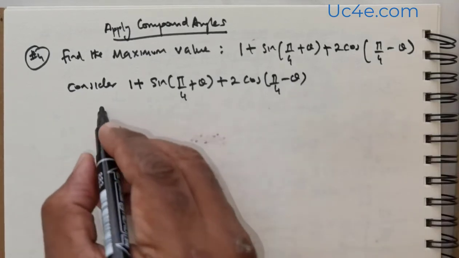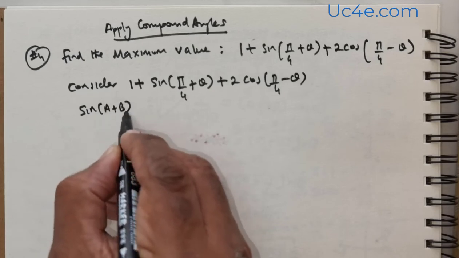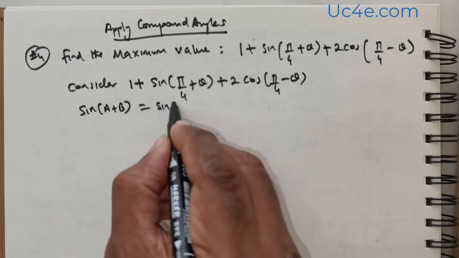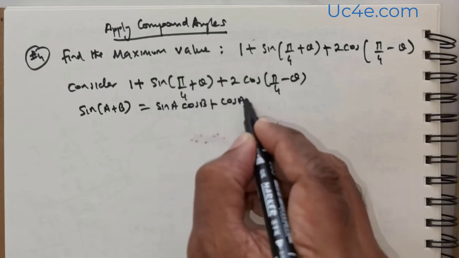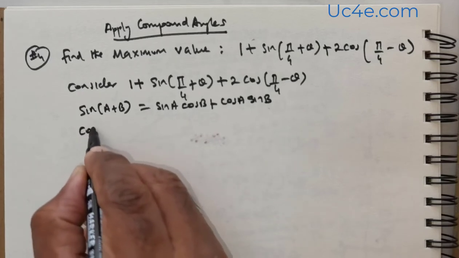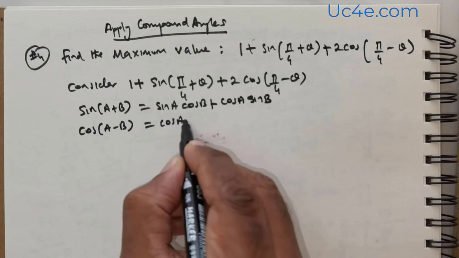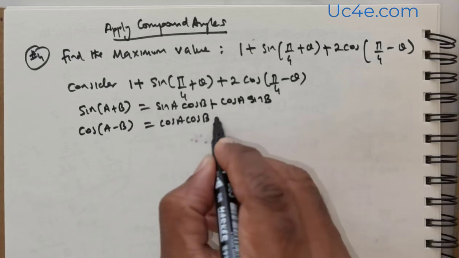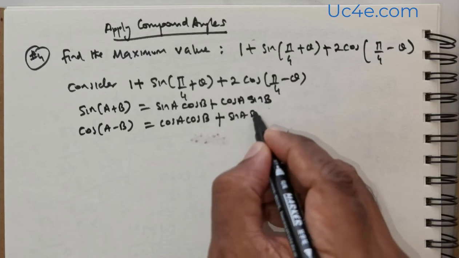Now I'm going to use sine of a positive b formula, which is nothing but sine a cos b positive cos a sine b. And then I would be using cos of a minus b formula, which is cos a cos b, the negative becomes positive here, so it's going to be positive sine a sine b.